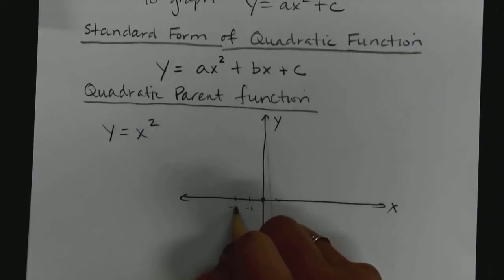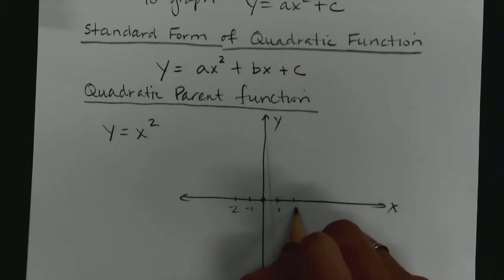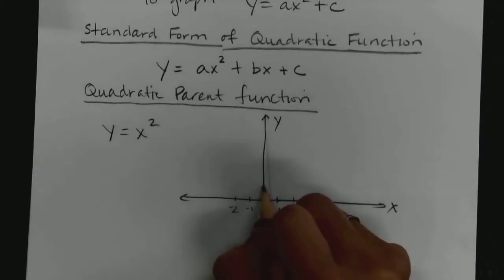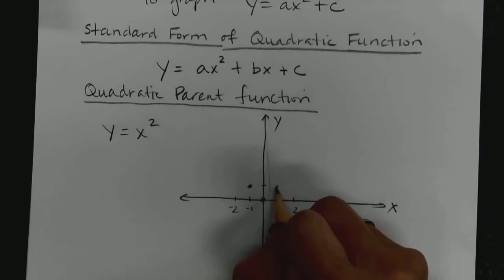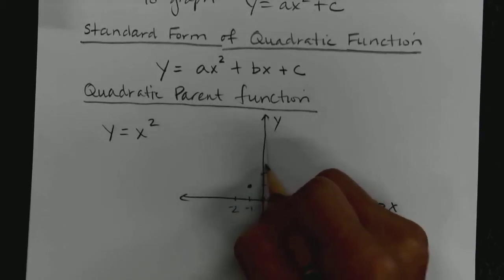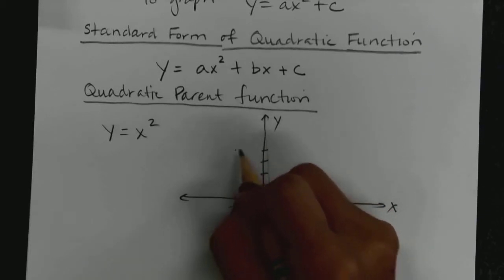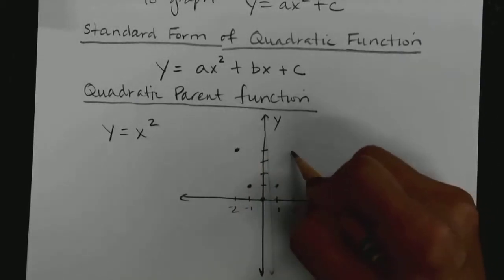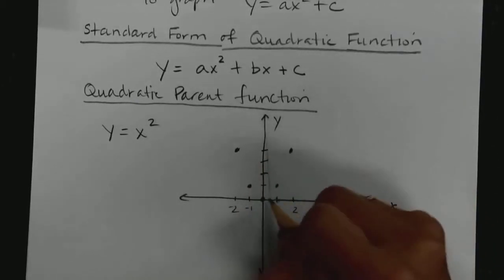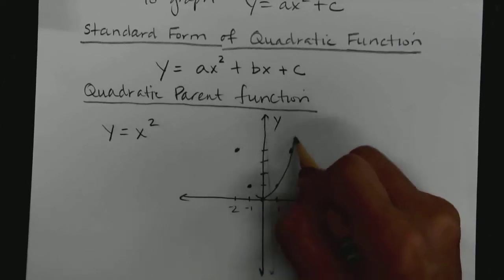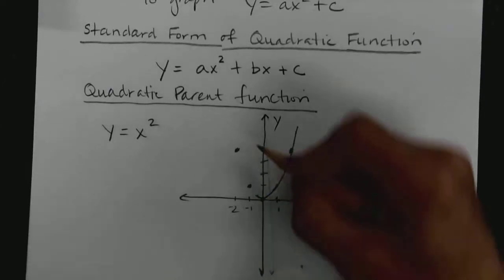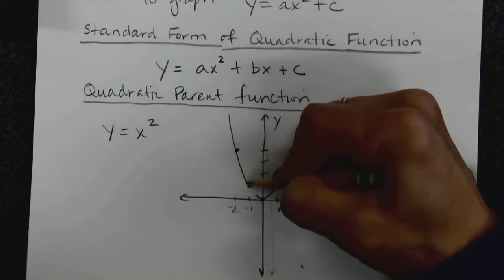Here's -1, here's -2, here's 1, here's 2. When it's 1, it's 1. When it's -1, it's 1. Then 2 is 4. So at -2 is 4, and here is also 4. So it makes that nice rounded bottom, and we make this shape called a parabola.